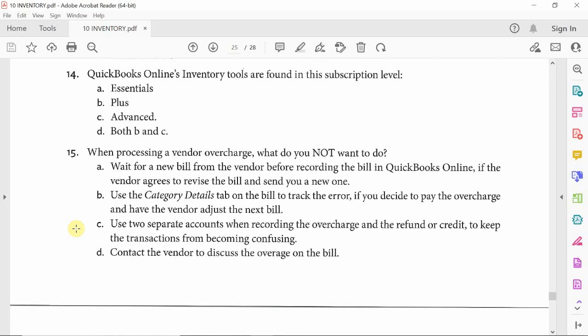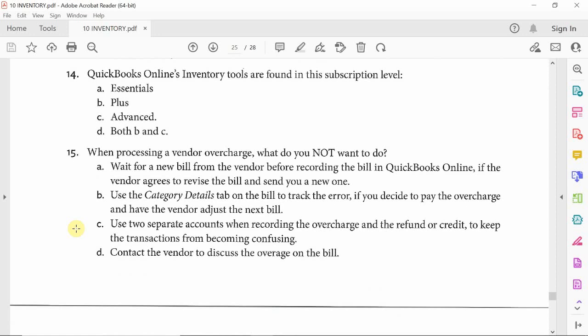You definitely would do D. You definitely would need to dispute with your vendor if there's an overcharge. Always do that, because you don't ever want the vendor to take advantage of you if they sent you the wrong items or charged you wrongfully. And of course, you could always wait for the new bill to arrive if you've already disputed with your vendor.